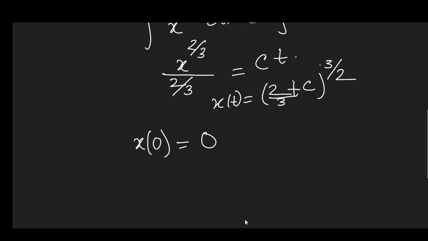That is the most problematic thing, because if we try to figure out the value of this constant, whenever you put t equal to 0 it is 0, so it is difficult to find c. One choice of c can be c equal to 0, and that results in x(t) equal to 0. This implies x(t) is identically equal to 0.